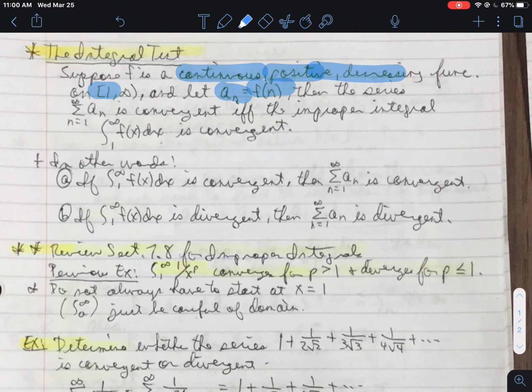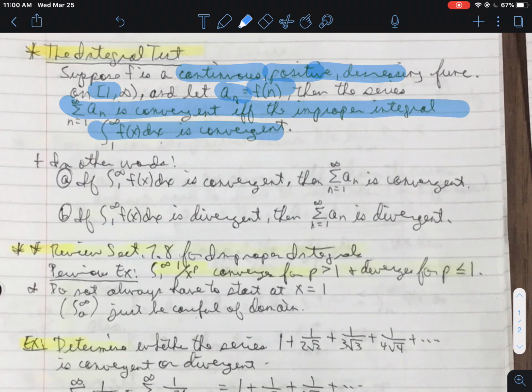So a sub n is f of n. Take our function f of x, evaluate it at the different n values corresponding to the terms of our series. Then the series, sum of a sub n, is convergent if and only if the improper integral from 1 to infinity of f of x dx is convergent.